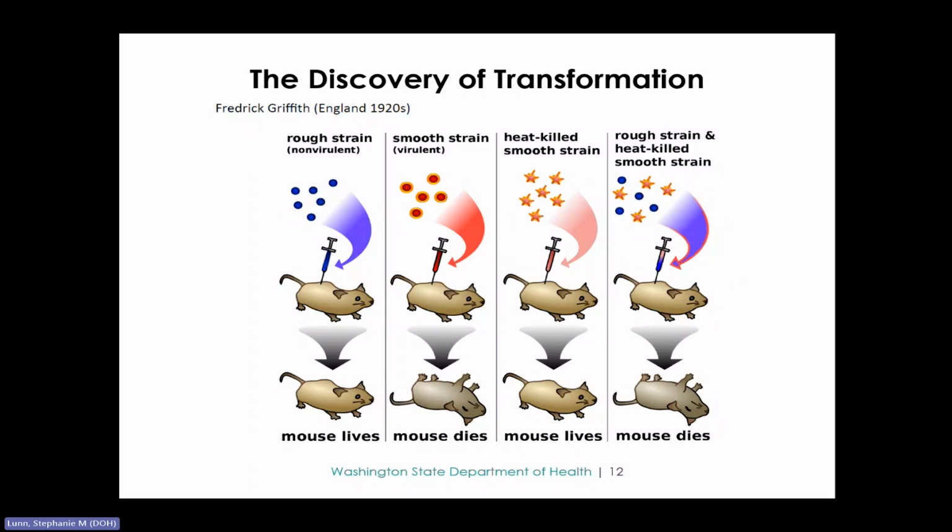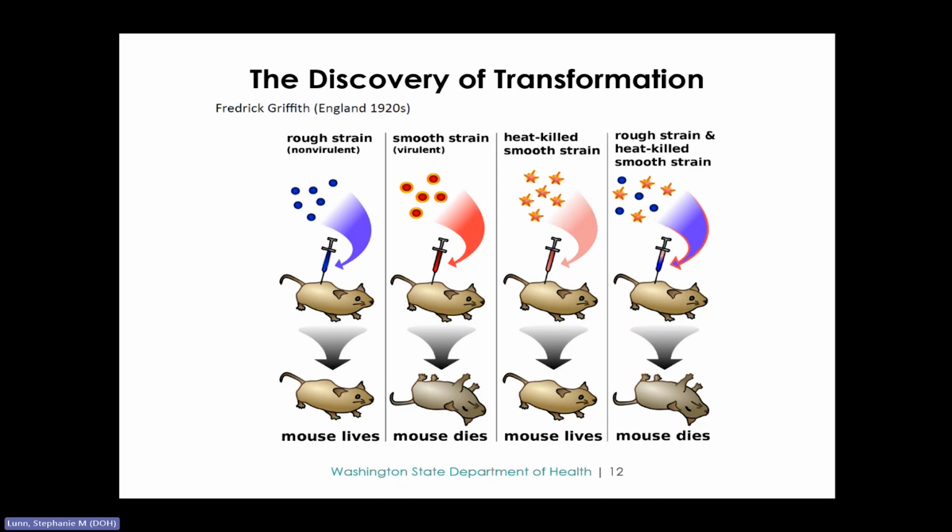Furthermore, Griffith isolated live smooth colony forming bacteria from the blood of the dead mice and concluded that the dead pathogenic bacteria gave off a sort of transforming principle that changed the live non-pathogenic rough colony forming bacteria to live pathogenic smooth colony formers. And he speculated that this transforming principle was the polysaccharide itself.